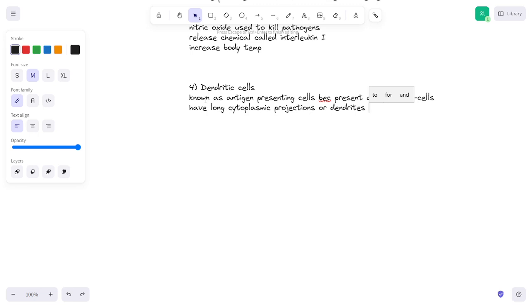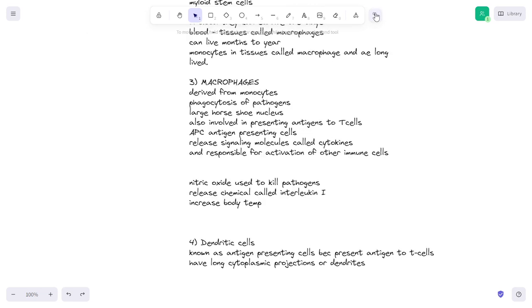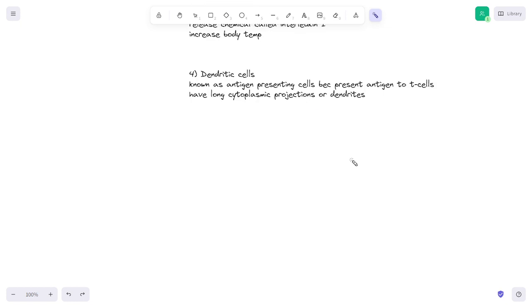The chemical released by the macrophages, the signaling molecules, is cytokines. We know that they are used for the activation of other immune cells, so these cytokines are also used for the activation of dendritic cells.